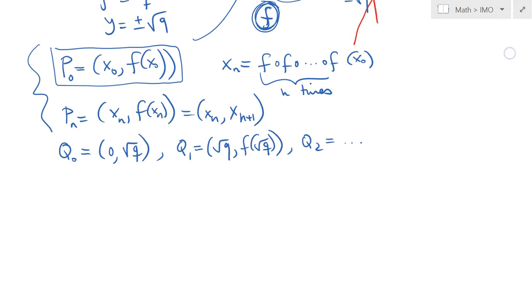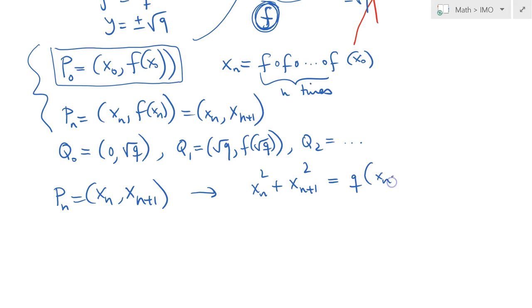So let me quickly do that. If I plug in this point into the formula, I will get that x sub n square plus x sub n plus 1 square is equal to q times x sub n times x sub n plus 1 plus 1.